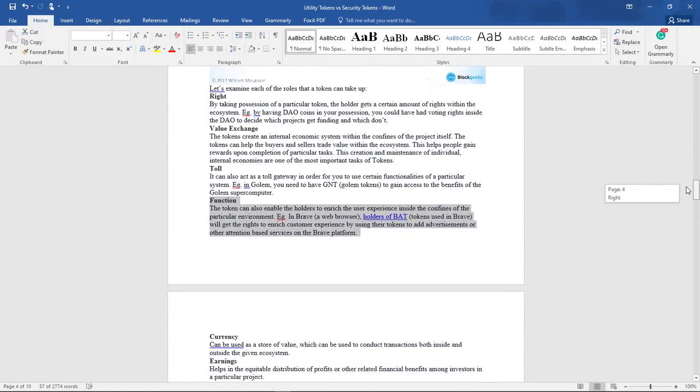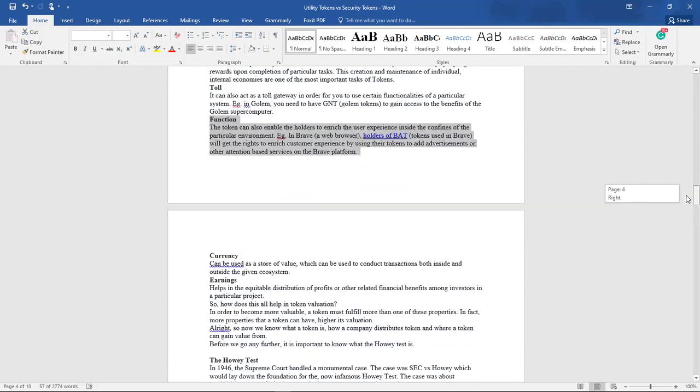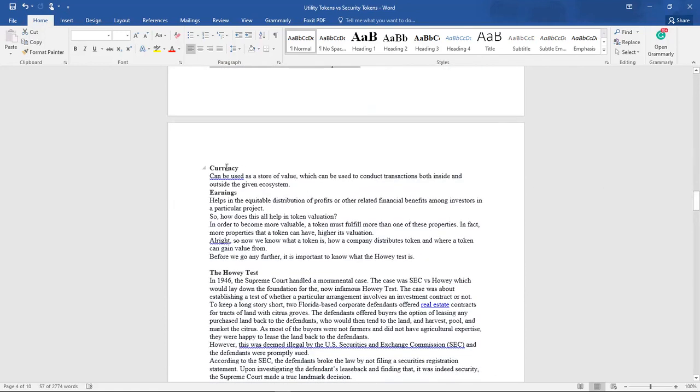I think it's available in Bitcoin as well. So it will act as a currency, as a store of value, which can be used to conduct transactions both inside and outside the given ecosystem. If it's able to act as a currency, you see the ecosystem actually broadens, because you won't be using it only within the confines of that particular environment or ecosystem.